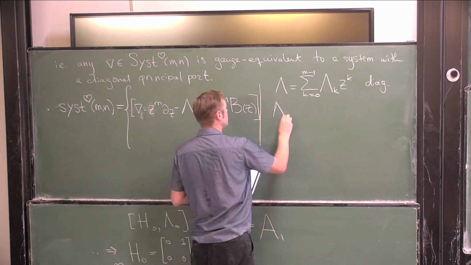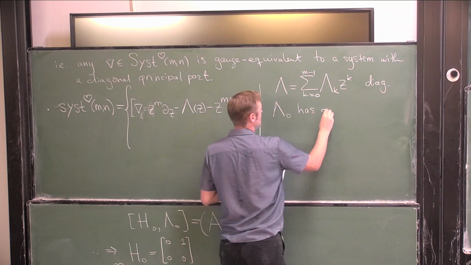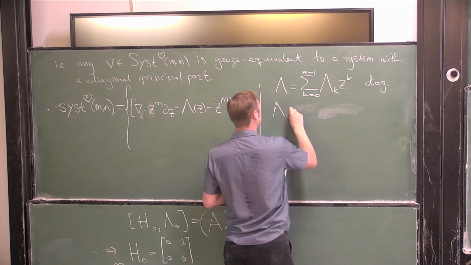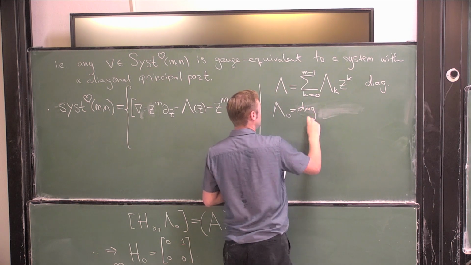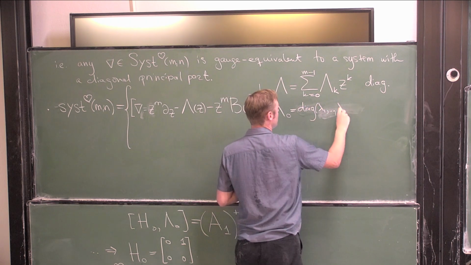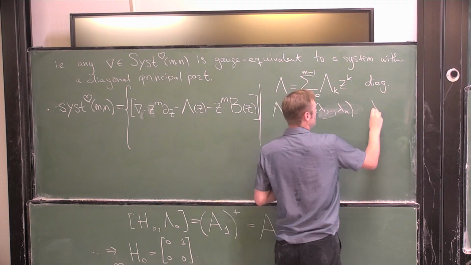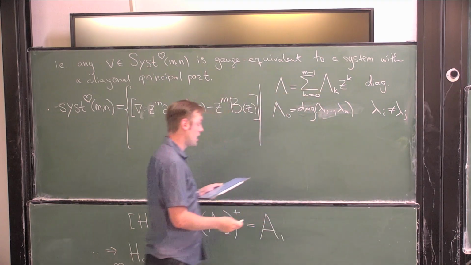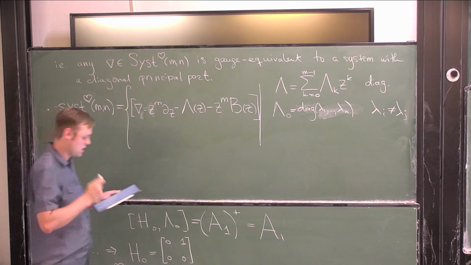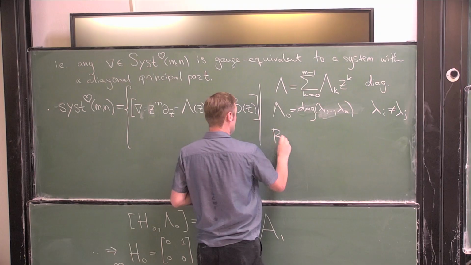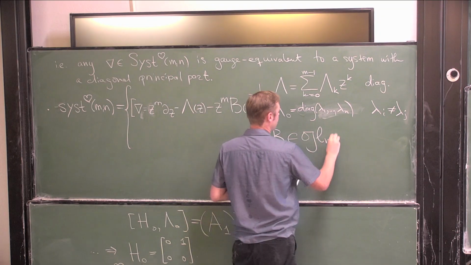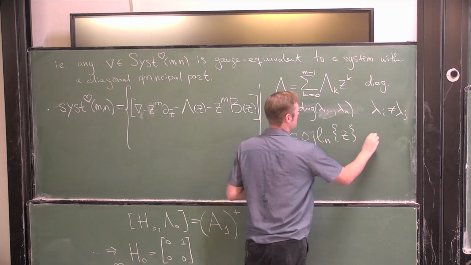And lambda naught is the diagonal matrix lambda 1 through lambda n, satisfying the condition that lambda i does not equal lambda j for all i not equal to j. And then B is just some arbitrary matrix.